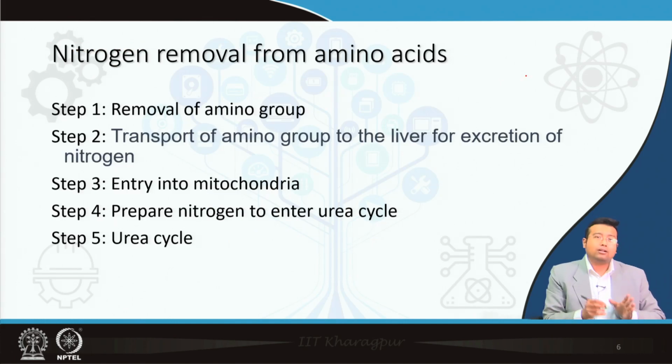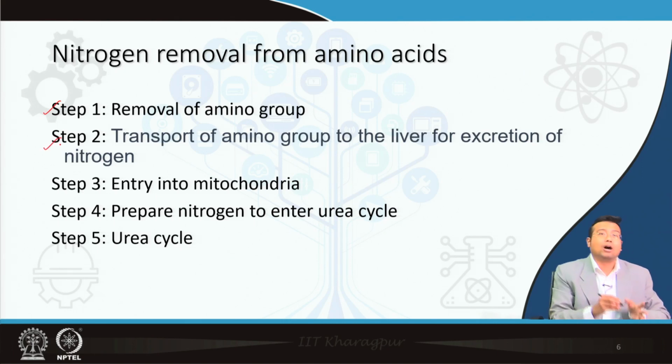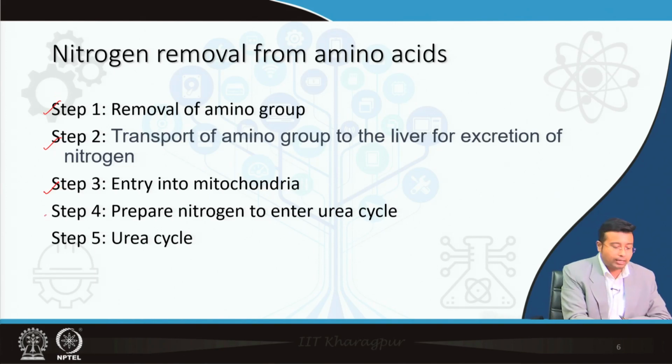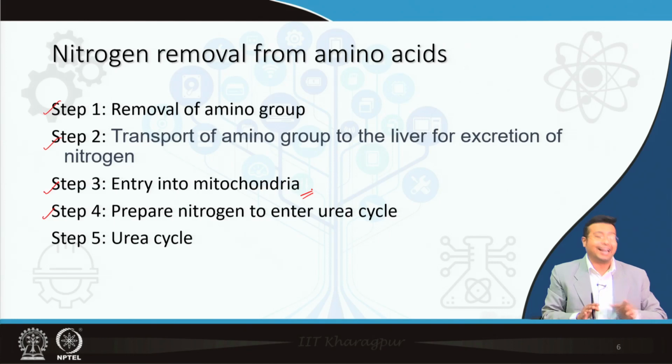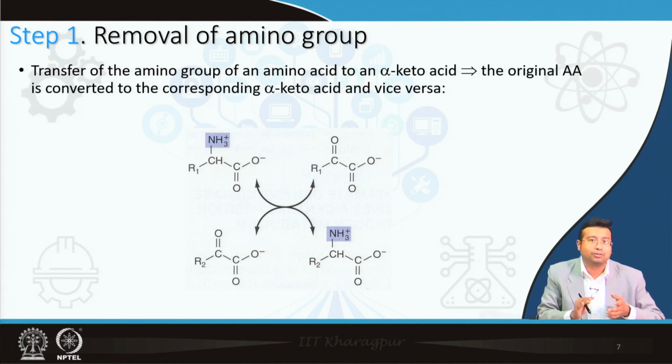Now, prior to the urea cycle, we have already discussed these 4 steps. We already know the removal of the amino group, and how it is transported from various sources to the liver for excretion, thereby in the hepatocytes entering the mitochondria, and then ultimately the nitrogen is prepared to enter the urea cycle. So, till here we have already read. Let us quickly recapitulate. We already know how one amino acid via transamination can form another amino acid by reacting with a keto acid, right.